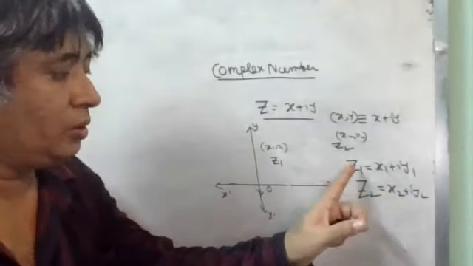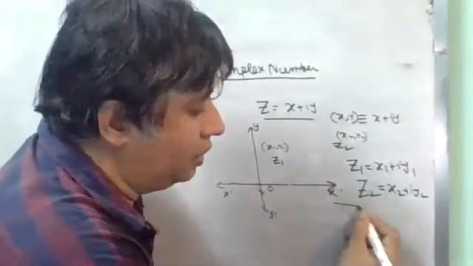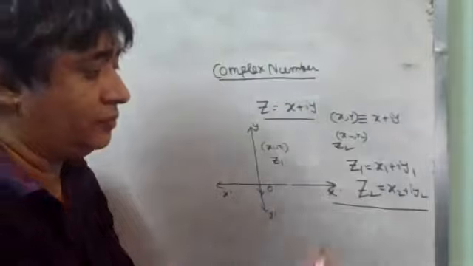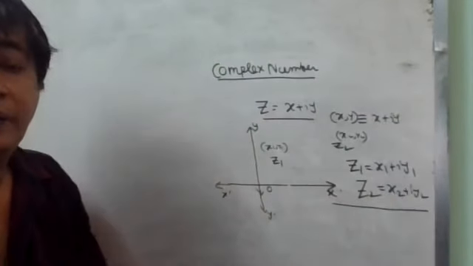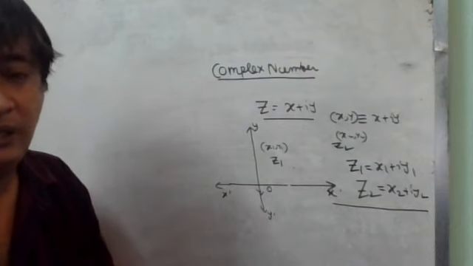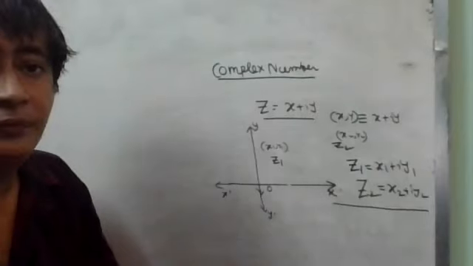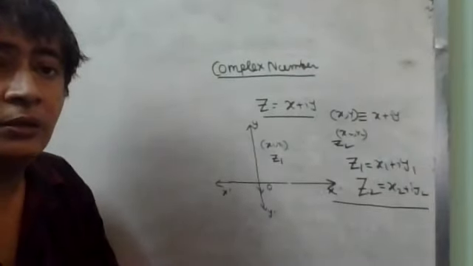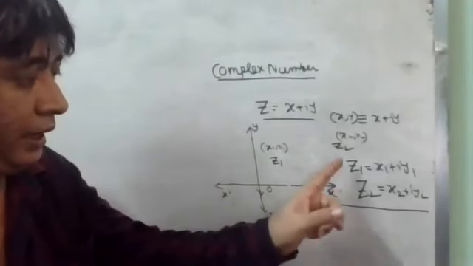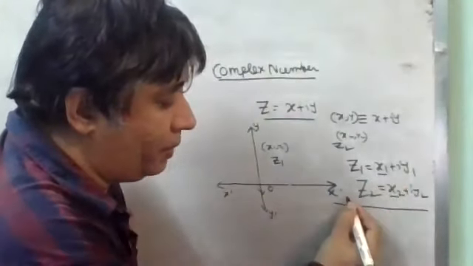Now, if I want to add them, how to add? What is the rule? In addition, the real part will be added with the real part.